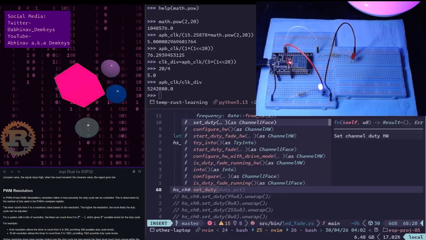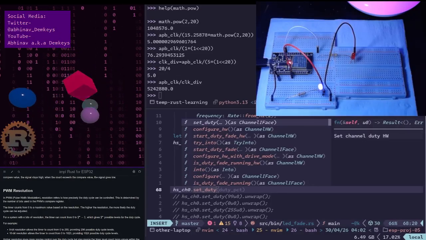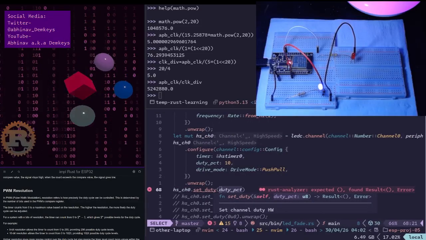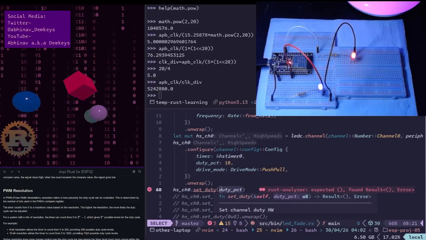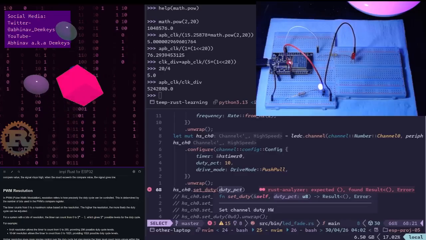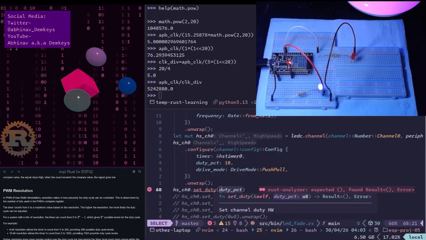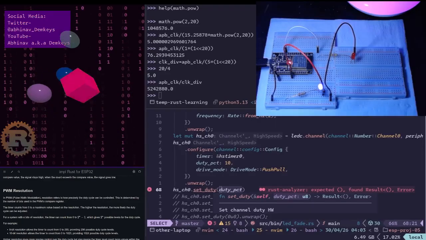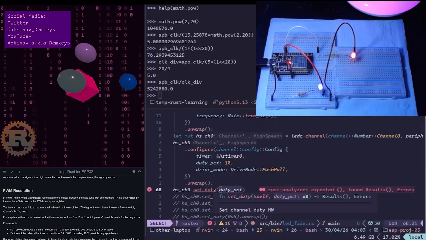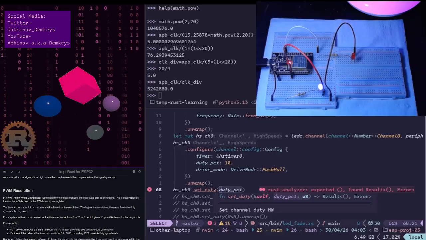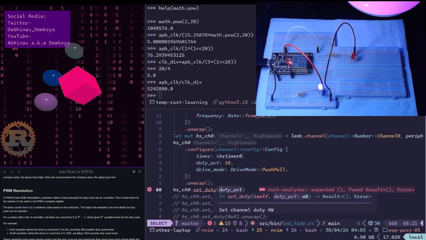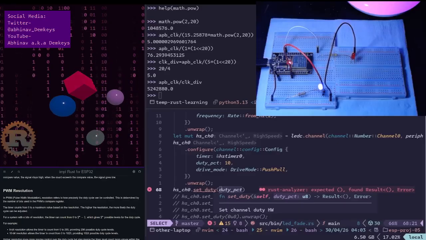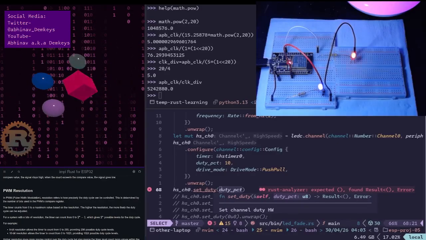However, because this method set duty takes a U8, that's an unsigned byte, I was wondering whether we are supposed to pass in a value between 0 and 100, or between 0 and 255, because I wasn't sure if they were internally stretching out 0 to 100 up to 0 to 255. So, like, were they representing 0 to 100 as 0 to 255 instead? Because I have actually seen situations like that.